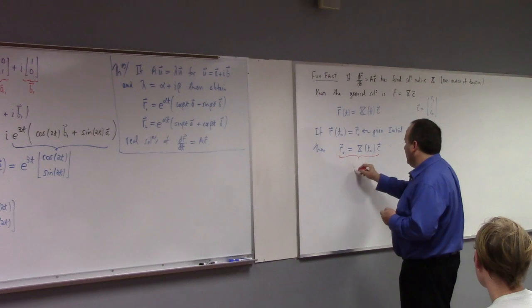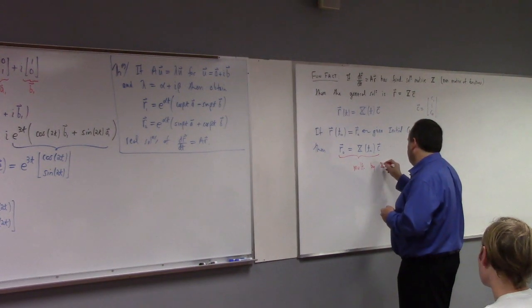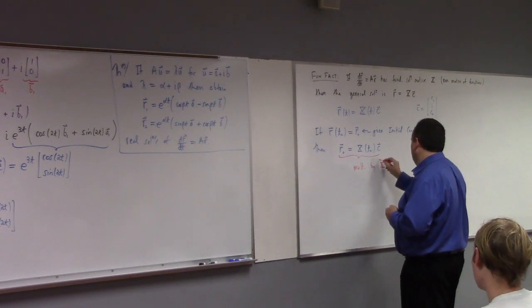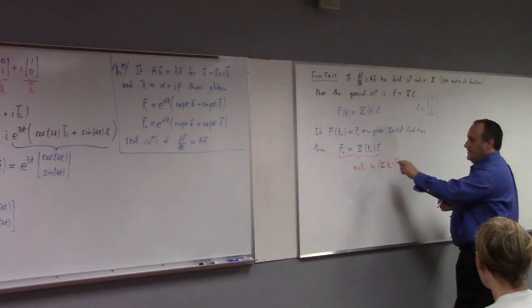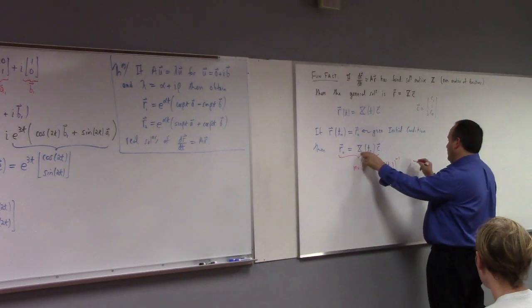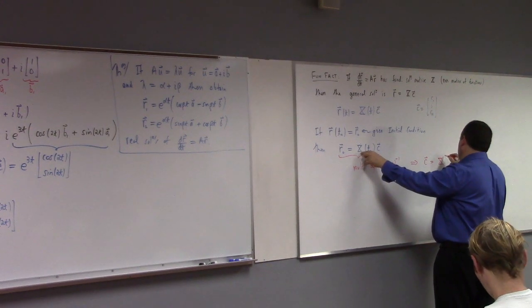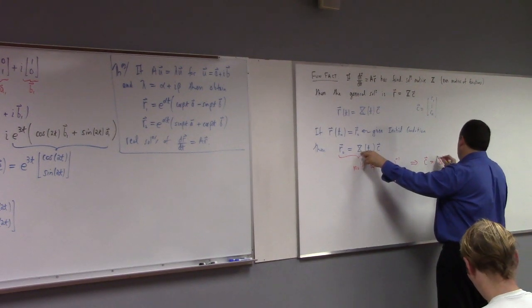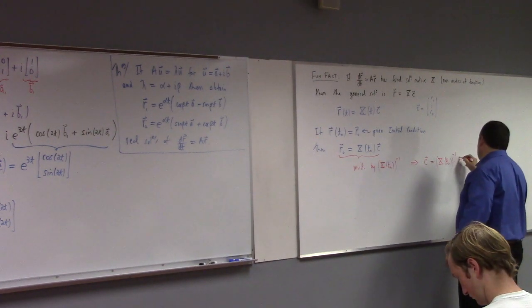So I can multiply by the inverse matrix at time t naught, right? And when I do that, it cancels this guy, and we get that the constant vector is equal to the inverse of the fundamental solution matrix at time t naught times the initial condition R naught.